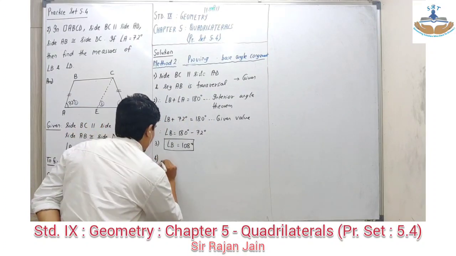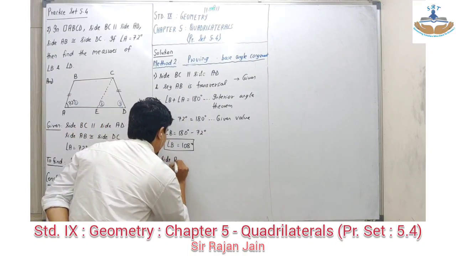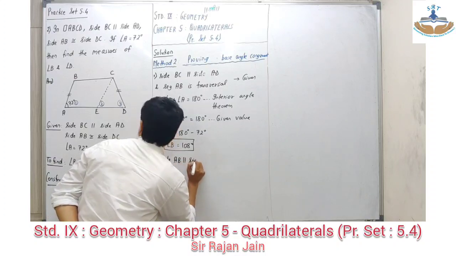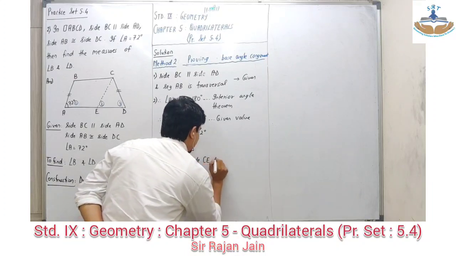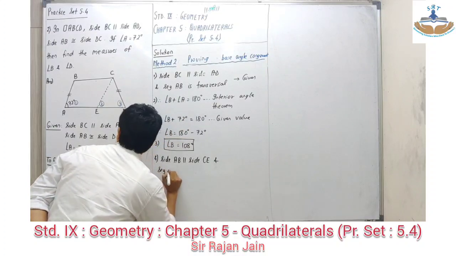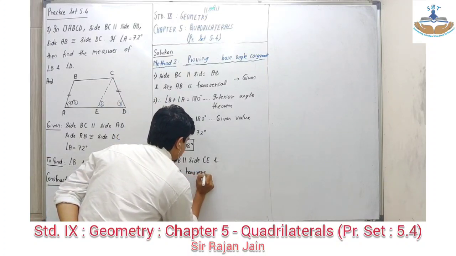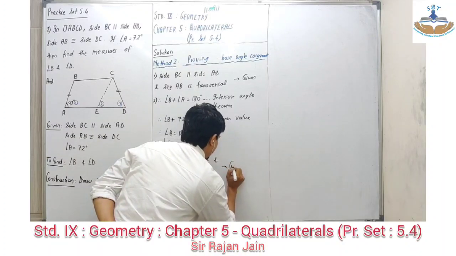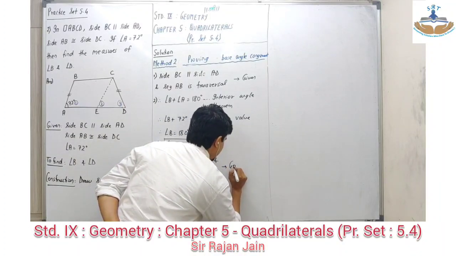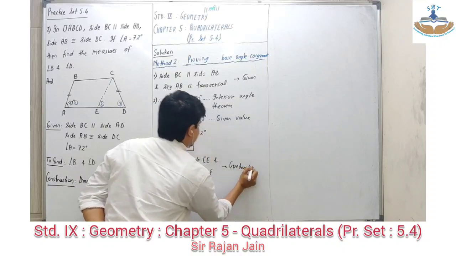So I say that side AB is parallel to side CE, and segment AD is transversal. Reason? Construction. In the construction I have written that they are parallel. Okay?